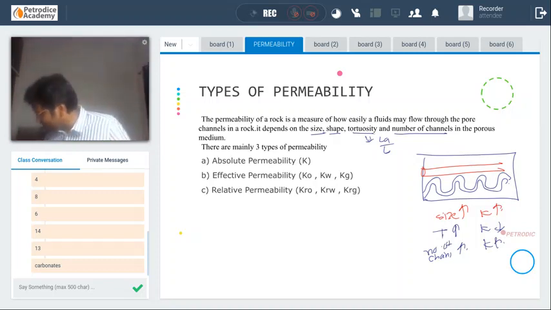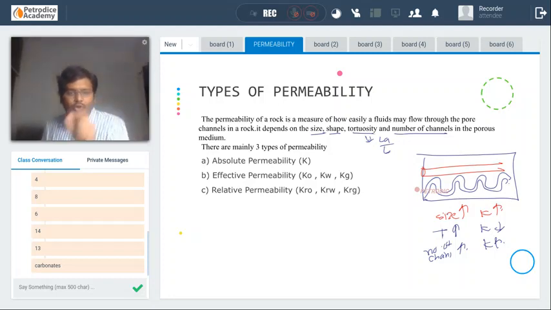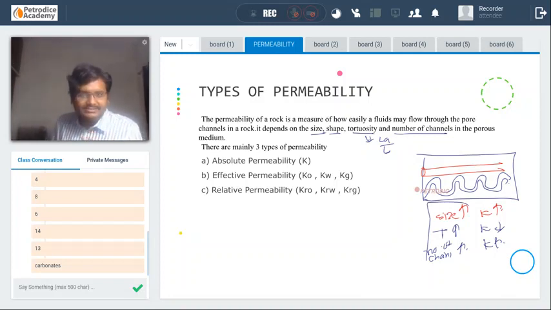Mainly these three factors, size of a pore channel, tortuosity of that pore channel and the number of pore channels present in a rock, will influence the permeability. Do write it. Size of the channel increases, permeability will increase. Tortuosity increases, permeability will decrease. The number of channels increases, permeability will increase.